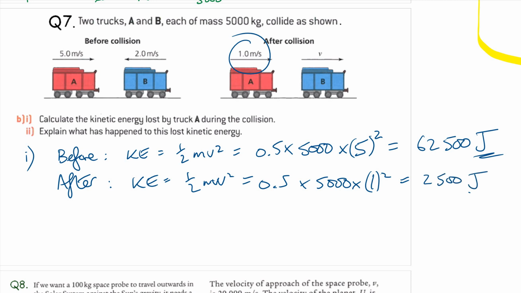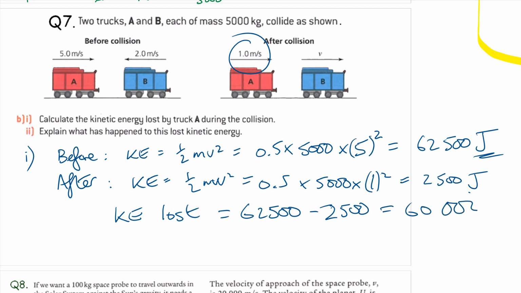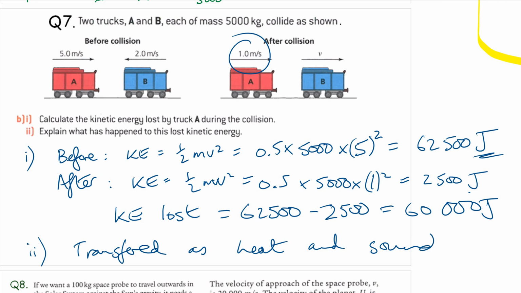So kinetic energy lost equals 62,500, take away 2,500, gives us 60,000 joules of kinetic energy was transferred. It was lost, it was transferred as heat and sound. Okay, obviously an inelastic collision.